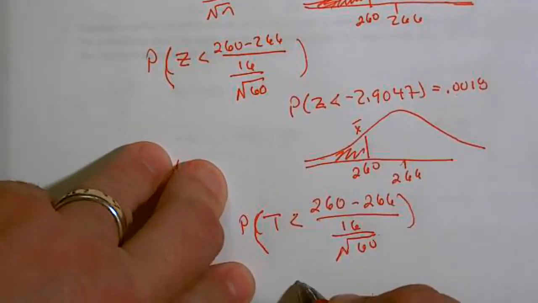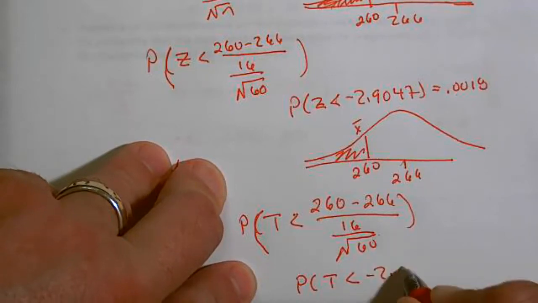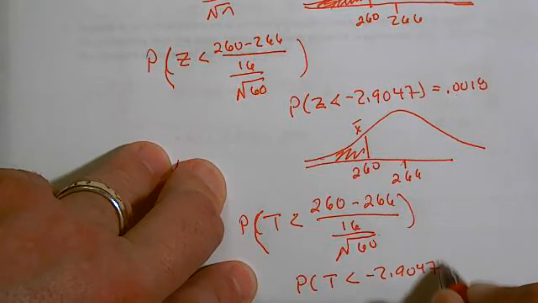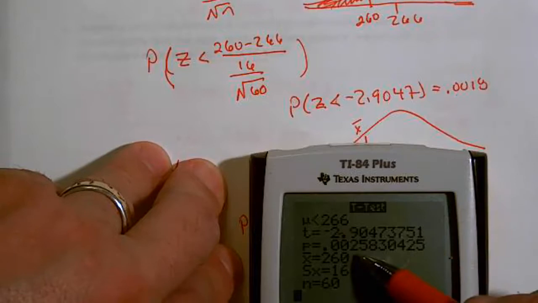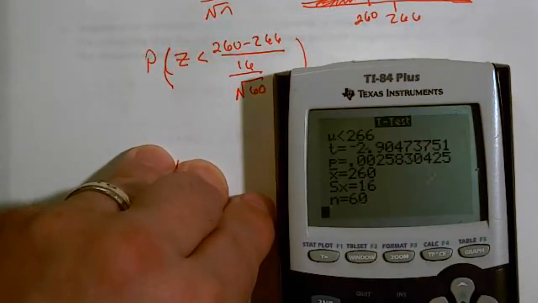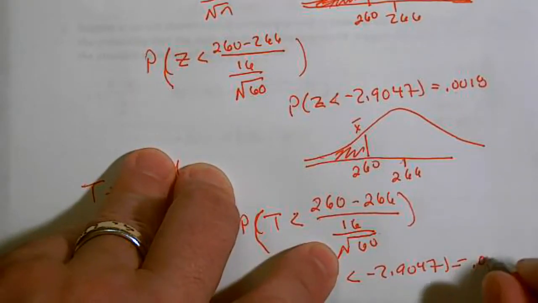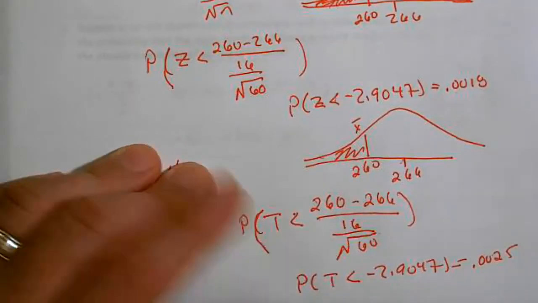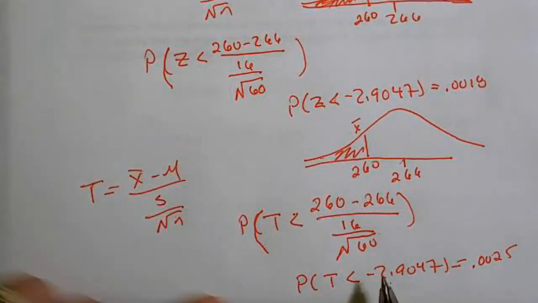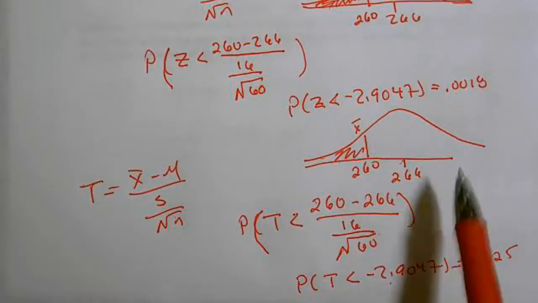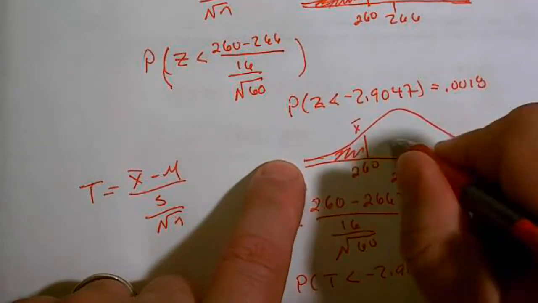So the probability that T is less than negative 2.9047 equals, but instead of 0.0018, we end up with 0.0025, right? So there's a slightly different probability. It's a little more probable, but still fairly rare. So this would be our answer. And you can see that, hey, this is greater. And the reason why is there's more area in the tails with the T test.